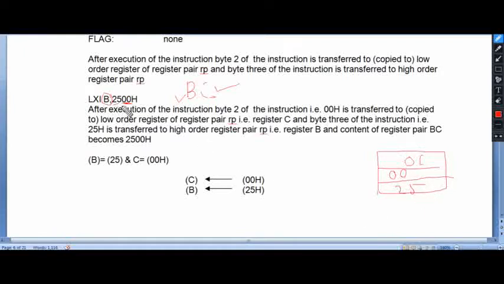LXI B, 2500 means the number 00 goes to register C and the number 25 goes to register B. 00 is transferred to C and 25 is transferred to B. Now suppose instead of LXI B, 2500, the instruction is LXI D, AB12.